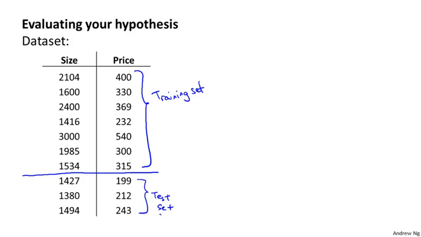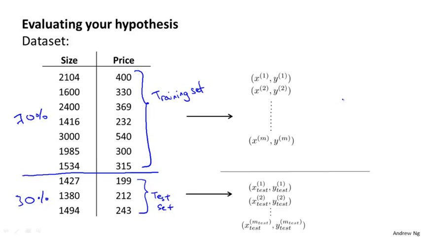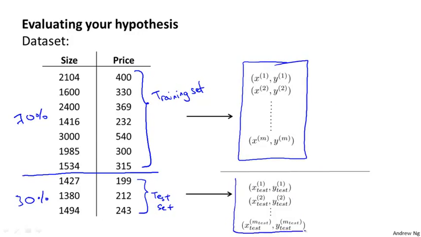And a pretty typical split of all the data we have into a training set and test set might be around, say, a 70% 30% split, with more of the data going to the training set and relatively less to the test set. And so now, if we have some data set, we might assign only, say, 70% of the data to be our training set, where here m is, as usual, our number of training examples, and the remainder of our data might then be assigned to become our test set.